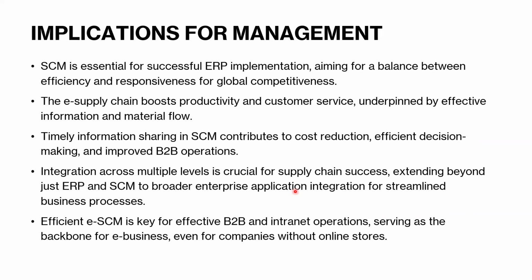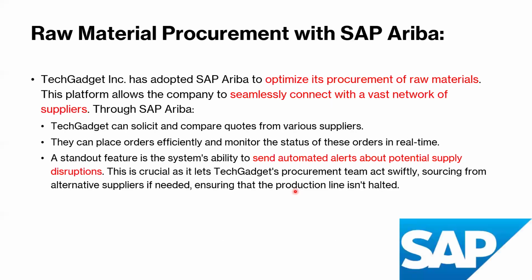Supply chain is a very important strategy in the functional area of your organization. It is closely related to your top-level management and strategic management level, the executive level, right?